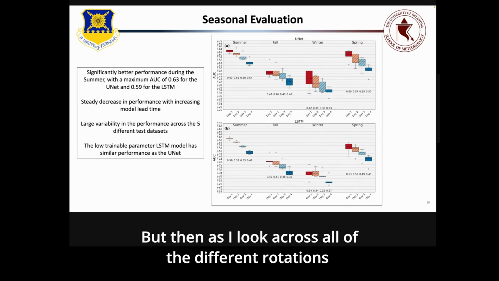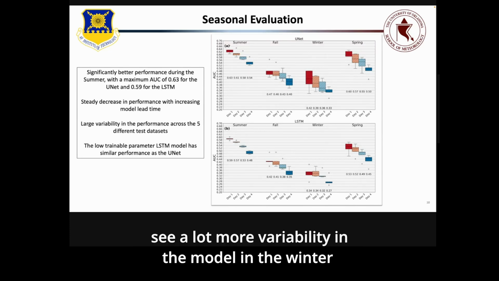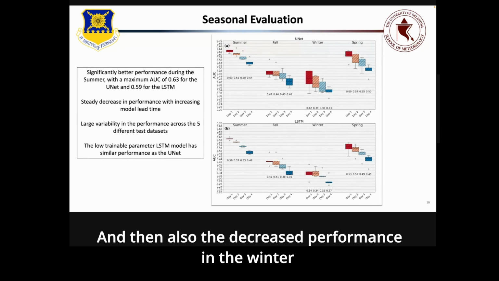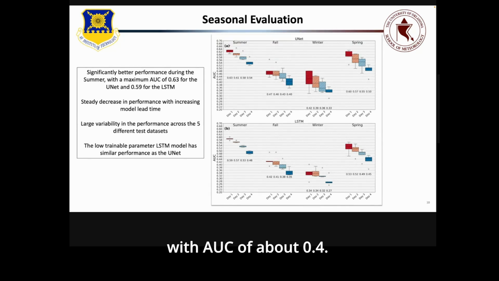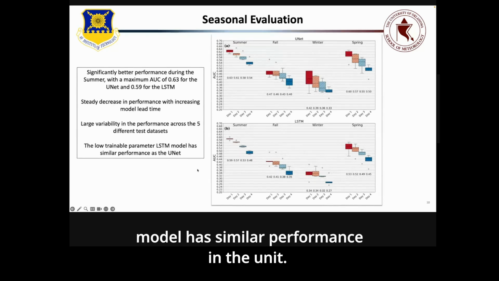But then as I look across all of the different rotations and folds that I trained on, I do see a lot more variability in the model in the winter than I do in the summer. And then also the decreased performance in the winter, with AUCs of about 0.4. But again, we do see the low trainable parameter LSTM model has similar performance to the unit.